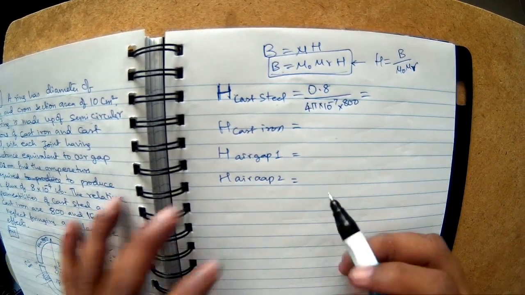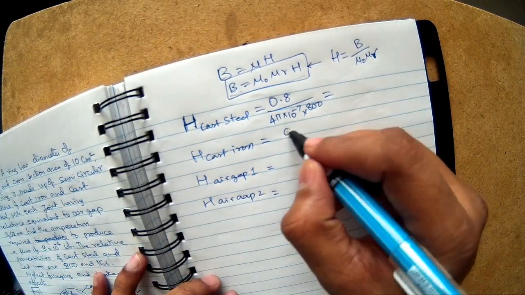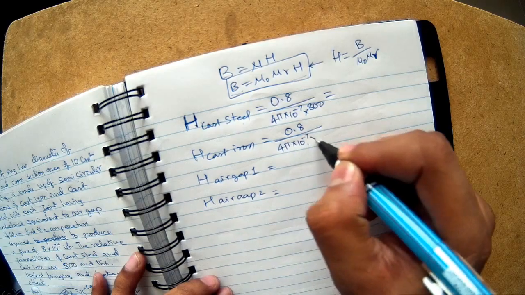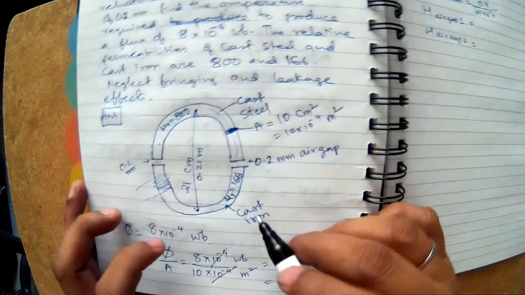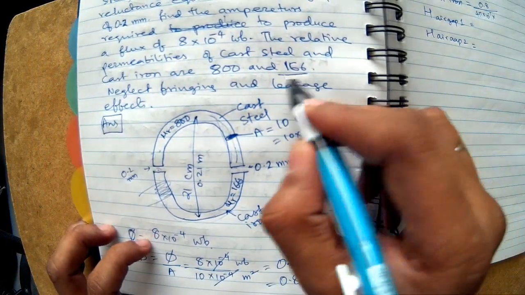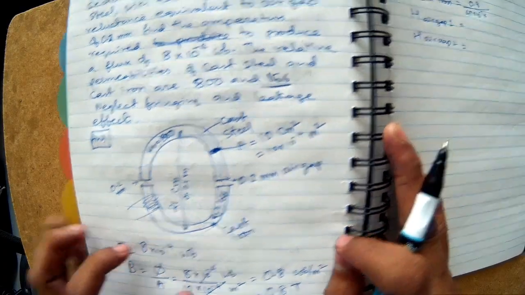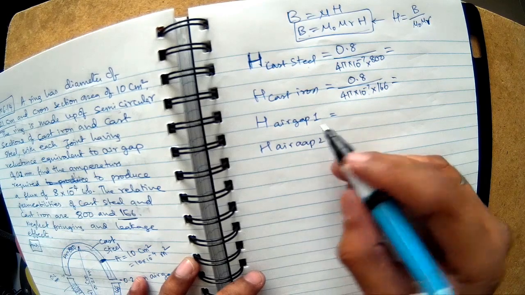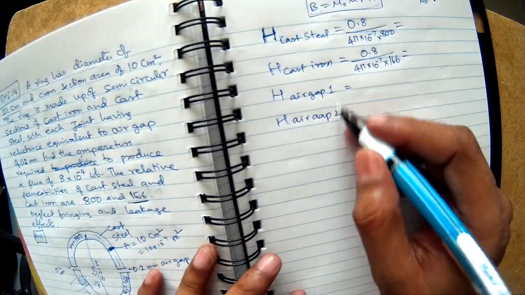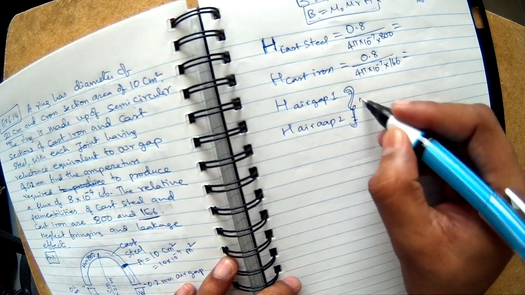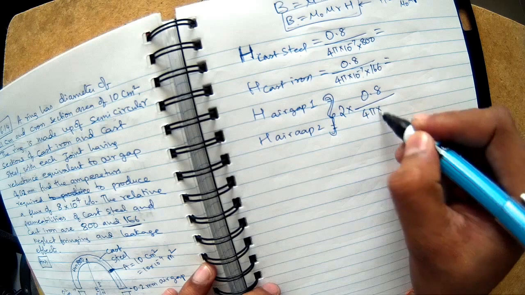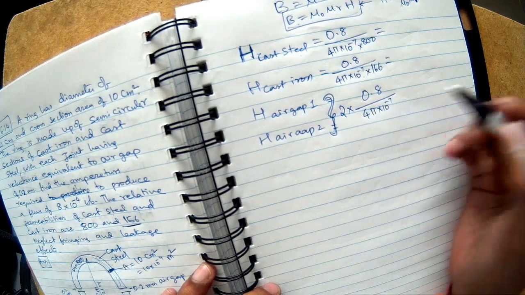Let me write down the other things first. So flux density is 0.8, mu naught is 4 pi into 10 power minus 7, and then for cast iron the relative permeability is 166. So I'll put 166 here. Similarly for the air gap, because both air gaps are the same length, I'll just multiply by 2, so 0.8 is the flux density, 4 pi into 10 power minus 7, and the relative permeability is just 1.